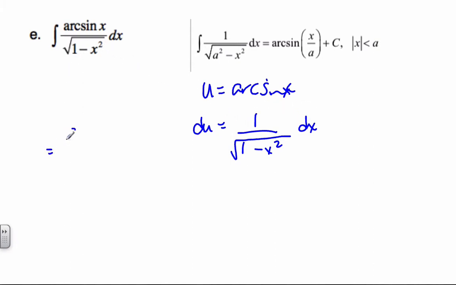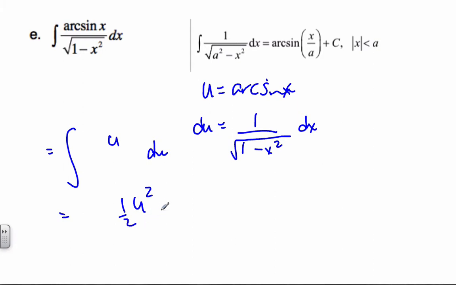And so I can rewrite this as arcsine is u. The dx times 1 over root 1 minus x squared is equivalent to du. There is no fraction left, or it's over 1. And so taking the integral of u is quite simple.